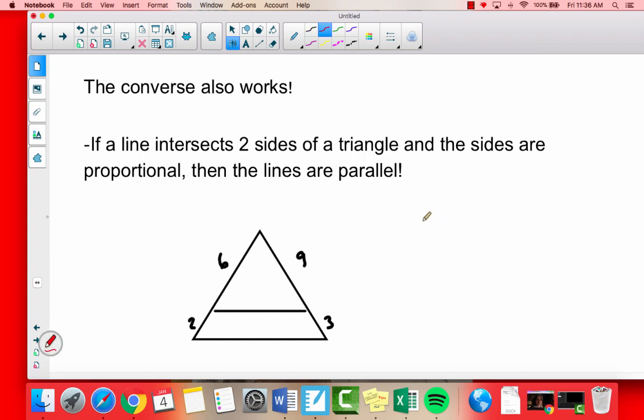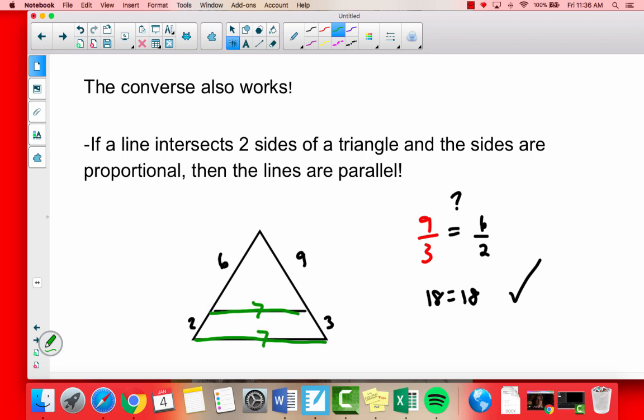So I could set up a ratio, so 9 over 3, and I want to see, does it equal the same ratio as 6 over 2? Well, if I cross multiply, I get 18 equals 18, and is that true? Yes. So if those sides were proportional, then that means that my segment here and here on the bottom and the top here have to be parallel.